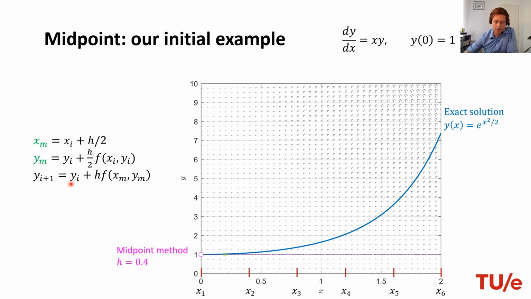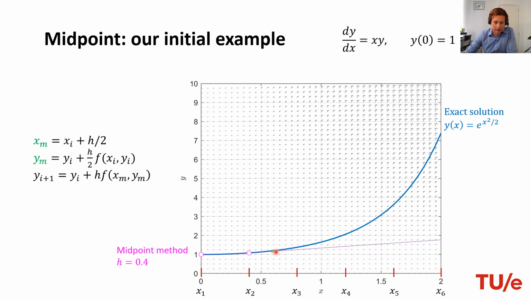So that's how it works. We find the slope at this point, we draw a line with that slope from the current solution, and then we find the new solution to be here. And again, we repeat this procedure. We draw out a line based on the current slope at x2 and y2.